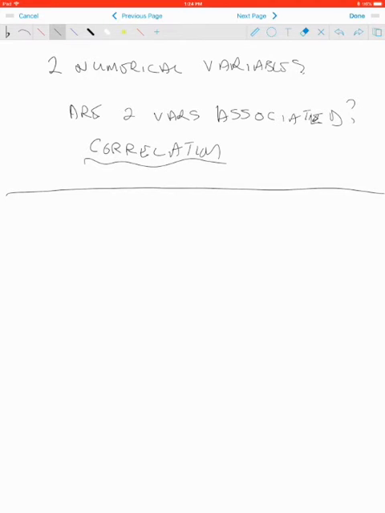Okay, so for linear regression, we're really trying to predict one thing by the other. So I've got two, again, numeric variables. I've got a response variable that's numeric. And I've got the explanatory, also numeric. The explanatory is going to go on the x-axis. It's always going to go there.